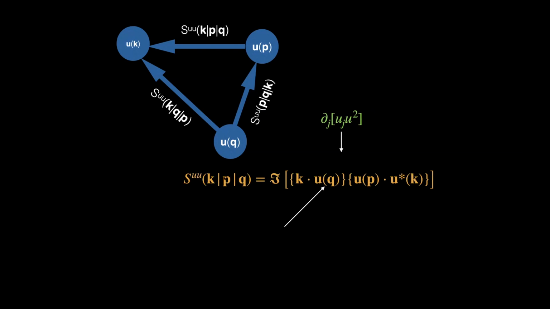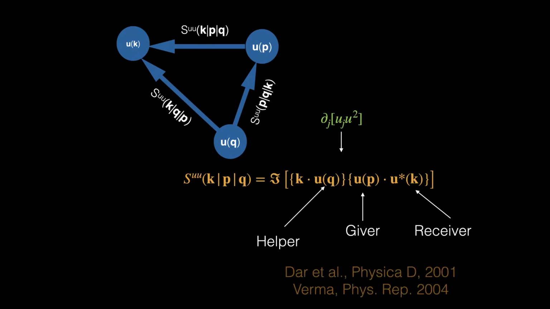Here P is a giver and K is a receiver, so U(p) gives energy to U(k). Here U(p) is the giver mode and U(k) is the receiver mode, and you take a dot product with a mediator. The mediator is like a lawyer, and here U(q) is the mediator. These are nice descriptions in Fourier space for getting the energy transfers, and with these formulas, we can compute.